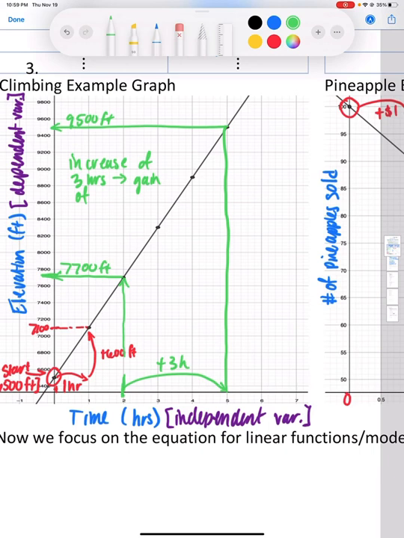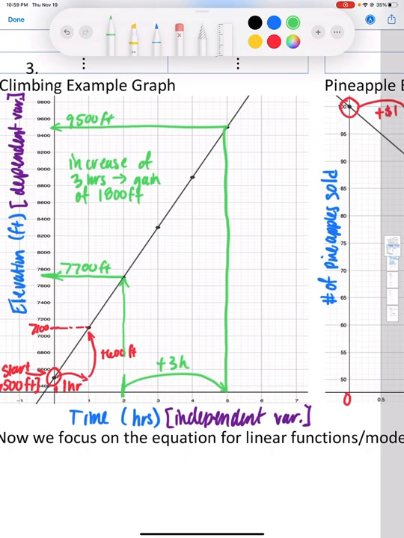So 15 minus 7 is 8, and 8 minus 7 is 1, so 1,800 feet. So an increase of 3 hours corresponds with a gain of 1,800 feet. That makes sense because we're gaining 600 feet every hour.